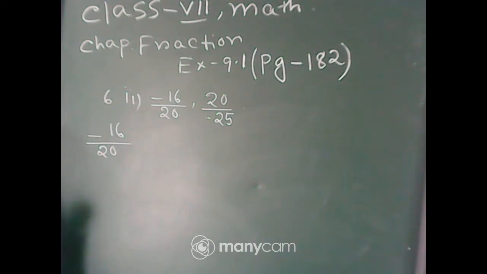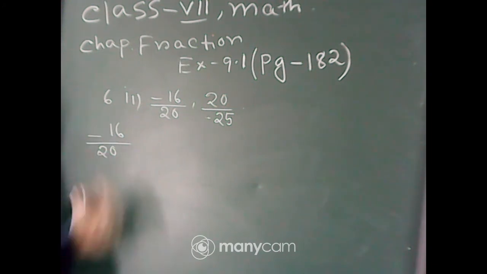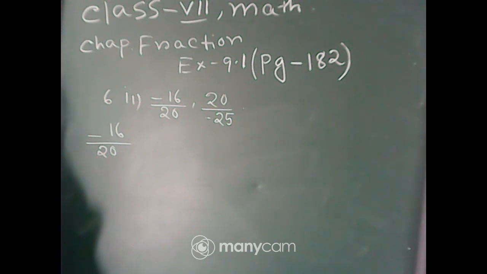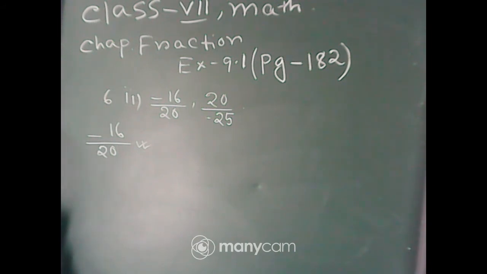We know that a rational number is said to be in its standard form if the denominator is positive and the numerator and the denominator have no common factor other than 1, that is, only one common factor, which is 1. Again I repeat the definition.